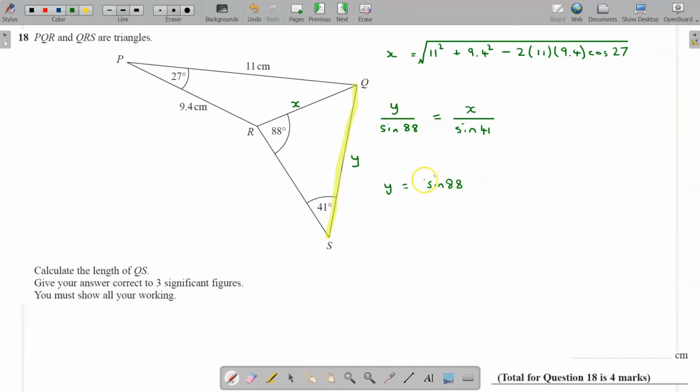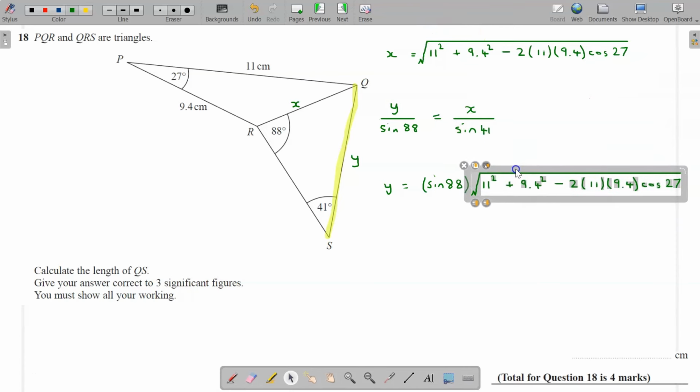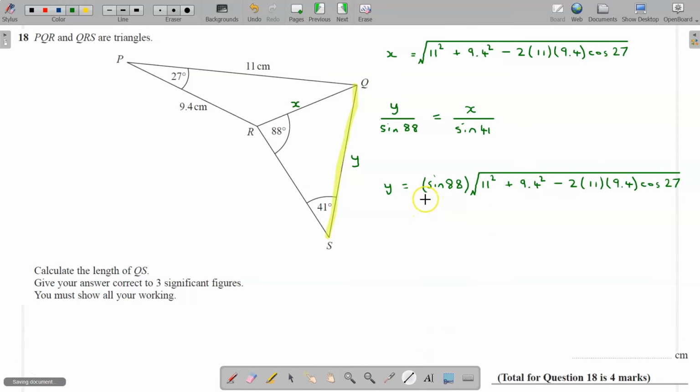But I know that x is this thing here, so I could just go straight to that and make a copy of it and write that down. So I'm just going to take the copy of all of this and bring it down here. So sine of 88 times all of that, and then divide it by sine of 41, so the sine of 41 goes underneath there, and that's the calculation I actually need to put into the calculator.